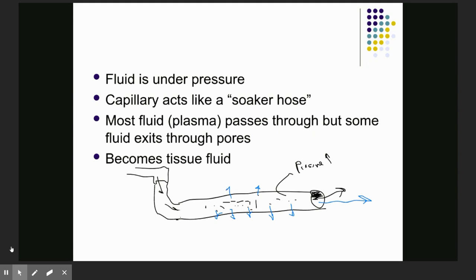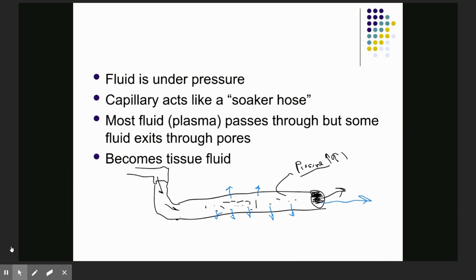Well, what if I were to plug up this hole even more? So now it looks like that. What's going to happen to the pressure inside this hose? The water's still going to keep coming in. Not as much can get out there. So what's going to happen to the pressure? The pressure is going to build up even more.